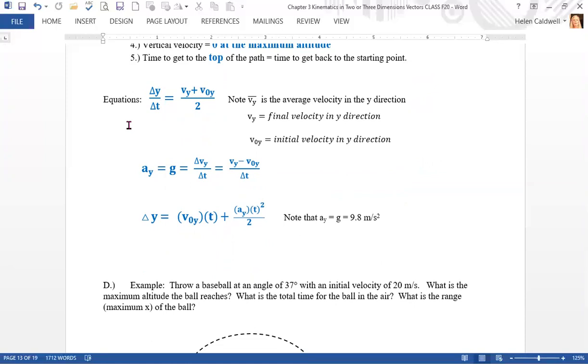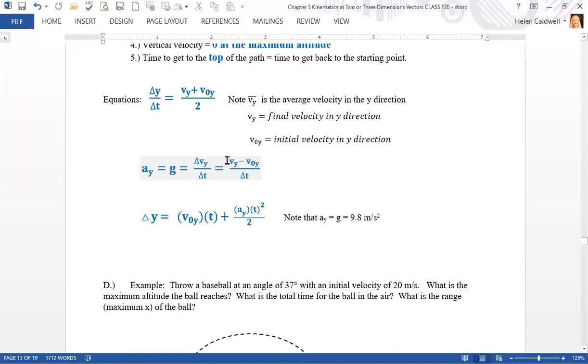So we have y's in place to make it in the y direction. For acceleration, the acceleration in the y direction is equal to the acceleration due to gravity, and that would be velocity in the y direction minus the initial velocity in the y direction divided by the time.